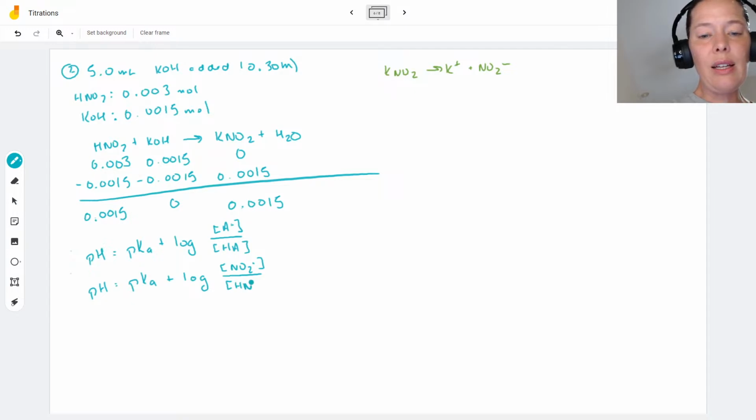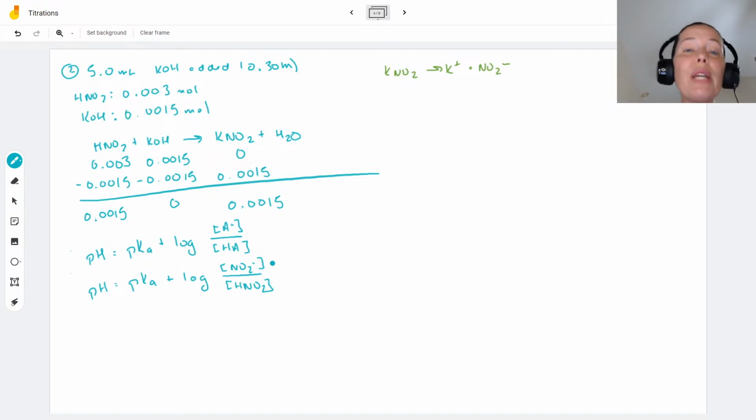and nitrous acid. Okay, so now the cool thing about this is in our last problem, we had to be really careful that we were using concentrations and we weren't just using moles. But because this is a ratio of concentrations, I can get away with actually just using moles because I'm in essence dividing by the volume in both the numerator and the denominator.